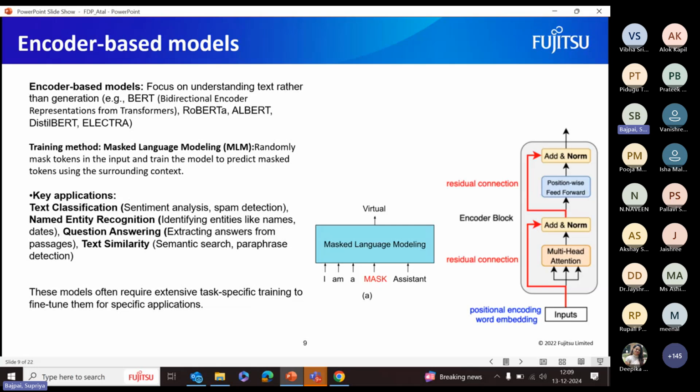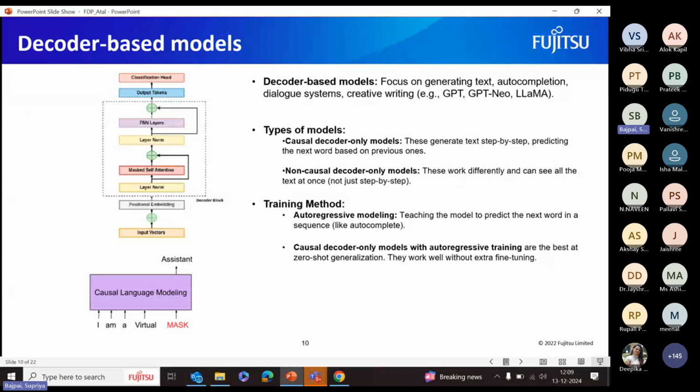If some specific task comes, we need to show the model, okay, this is the task, and fine tune it a little bit. But decoder based models are very good in zero shot. Zero shot means no need of fine tuning, just give the prompt and it will give the answers without fine tuning, basically.